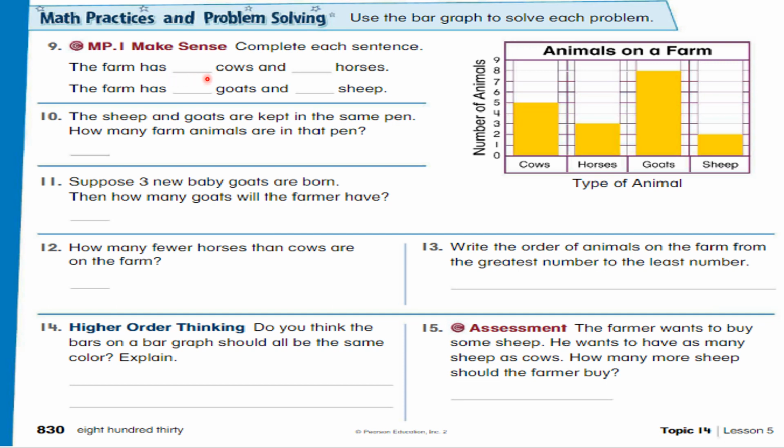So if you look at question 9, complete each sentence. The farm has dash cows. How many cows? Excellent. 5 cows. Bravo. And how many horses?